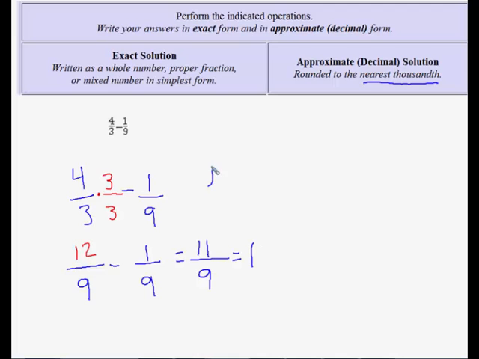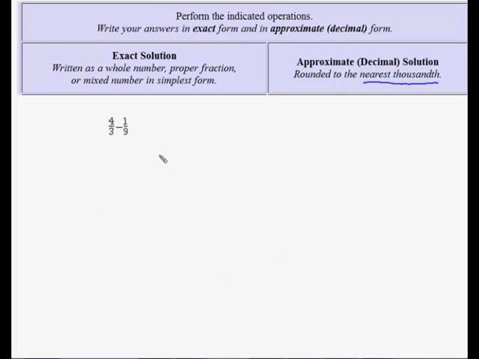If you like, you can think of this as 11 being divided by 9. 1 times 9 is 9. When you subtract, you get 2 left over as a remainder, and you are to divide that remainder by the 9. So 11/9 as a mixed number is 1 and 2/9. Because I didn't do any rounding in my answer, I can say that the answer is exactly 1 and 2/9.